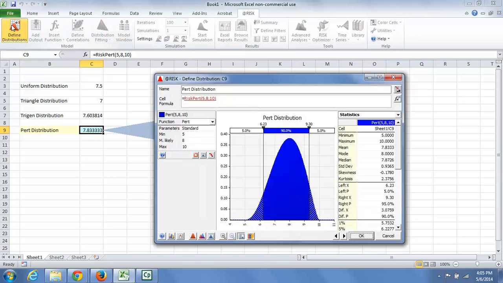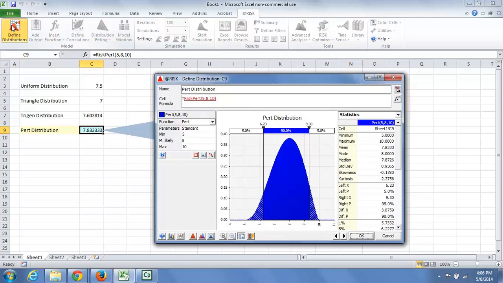There are mathematical differences between the triangle and the Pert, and the Pert is basically a version of the beta distribution. It requires the same three parameters, but it derives its properties from that distribution formula. The beta Pert, as it is sometimes called, is used exclusively for modeling expert estimates. This is where the expert offers a minimum, a most likely, and a maximum guess.